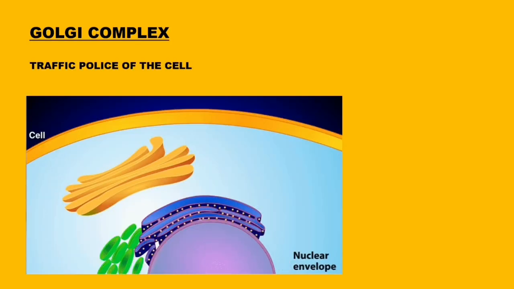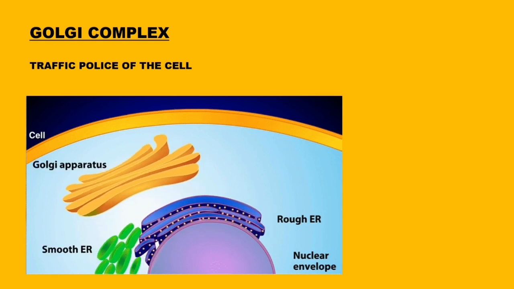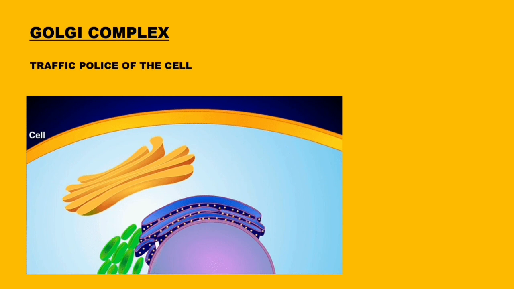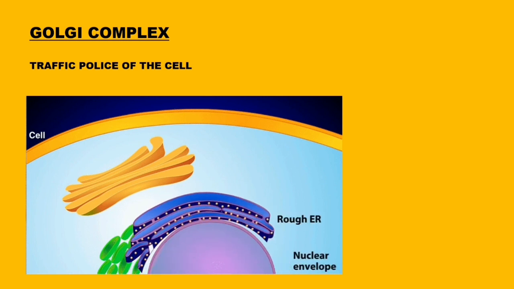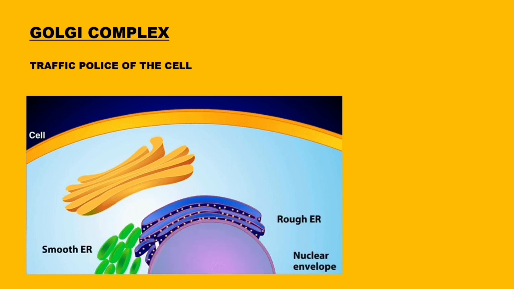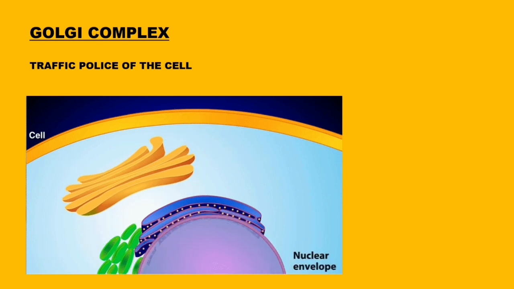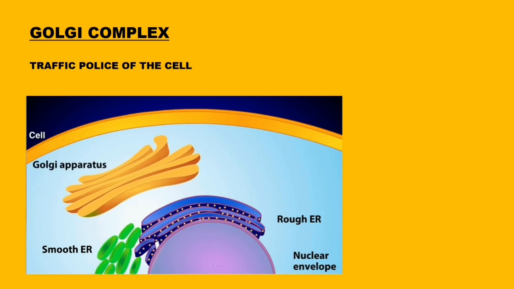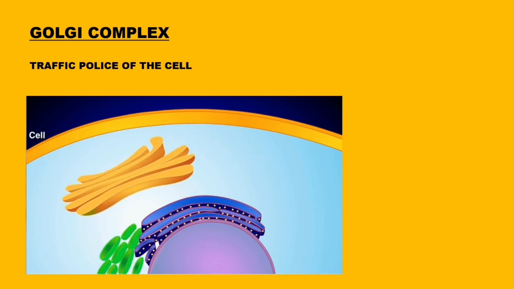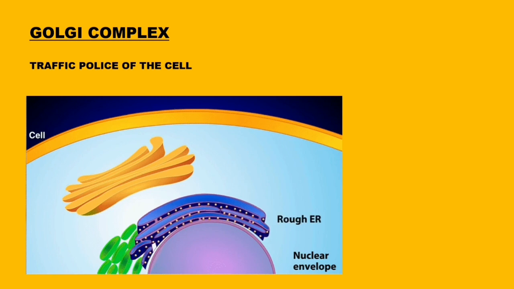Golgi complex. The Golgi apparatus is the processing, packaging, and secreting organelle of the cell. It is also known as the traffic police of the cell. It is a system of membrane made up of flattened sac-like structures called cisternae, and in plants it is also known as dictyosomes. Now we will learn about the lysosomes.